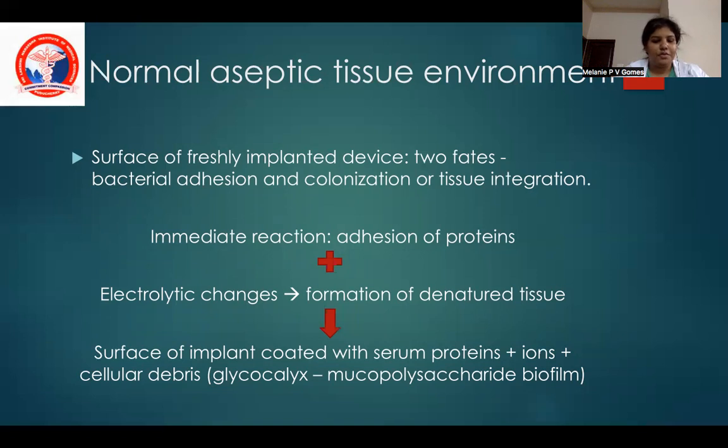Ultimately, the surface of the implant is coated with a matrix of serum proteins, ions, and cellular debris, to which bacteria become adherent through their cell membrane receptors, which is the glycocalyx mucopolysaccharide biofilm.